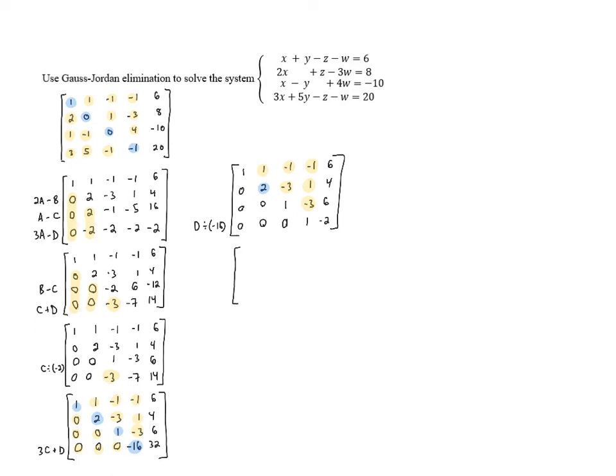In this case, we're actually going to leave the bottom row unchanged, and we're going to change the other 3 because we want all of the things above this 1 to become zeros.